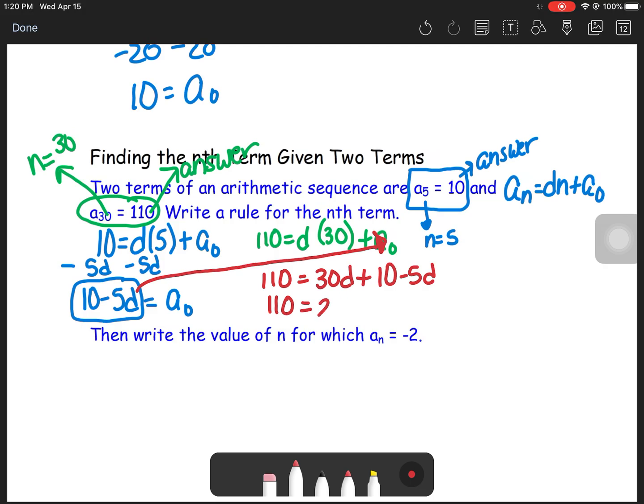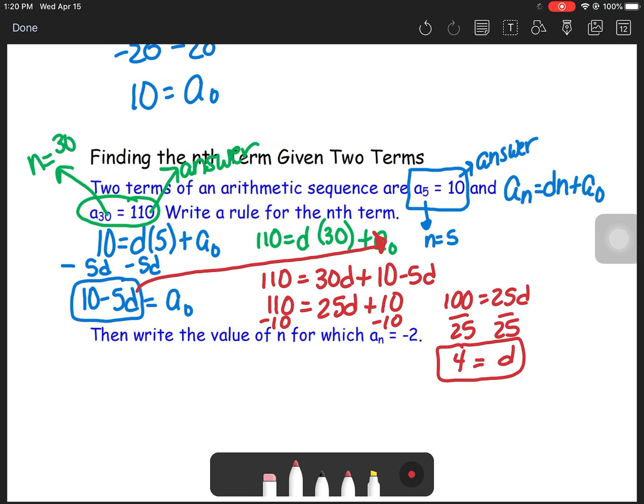30d minus 5d is 25d. We're going to subtract 10 from both sides. So we have 100 is equal to 25d. And now we're going to divide by 25. And d then is equal to 4.